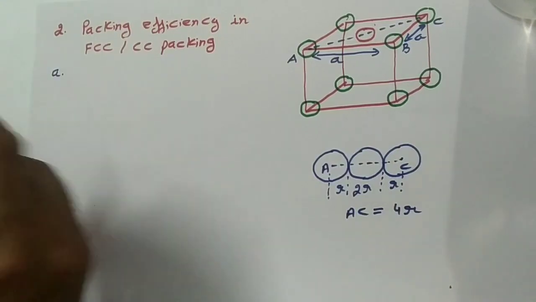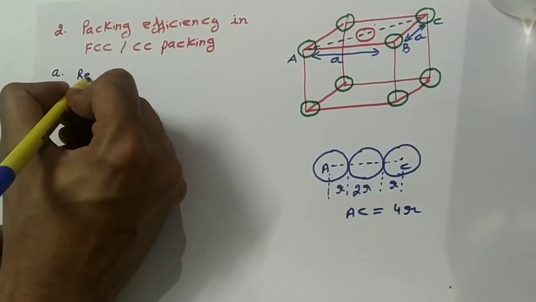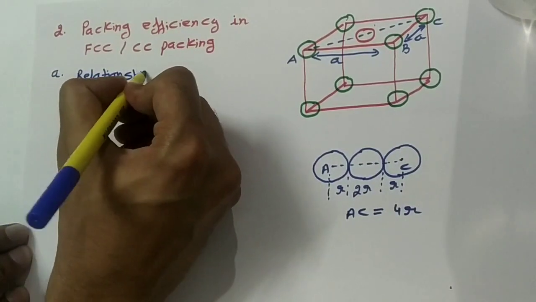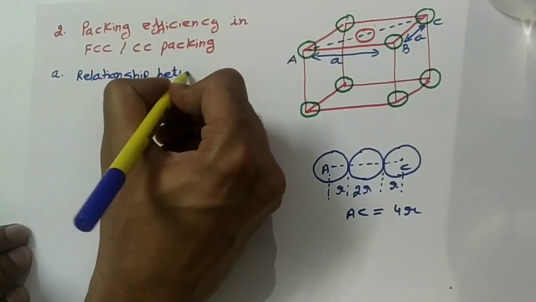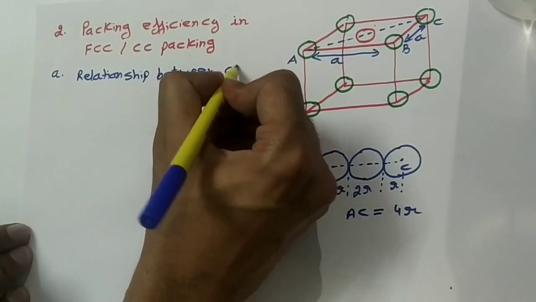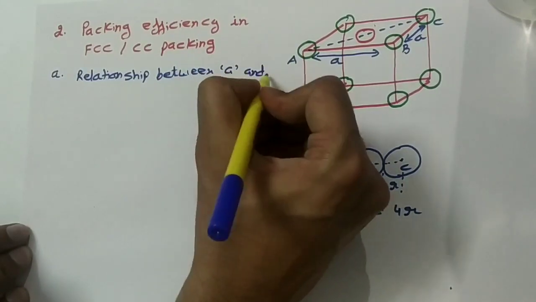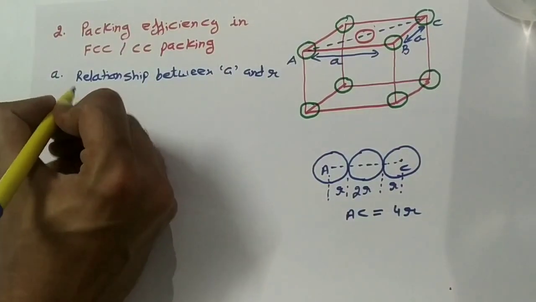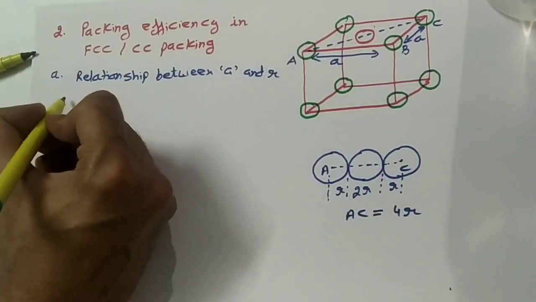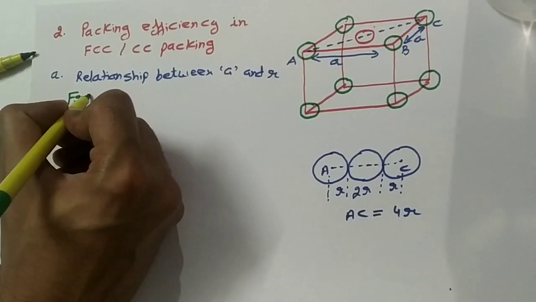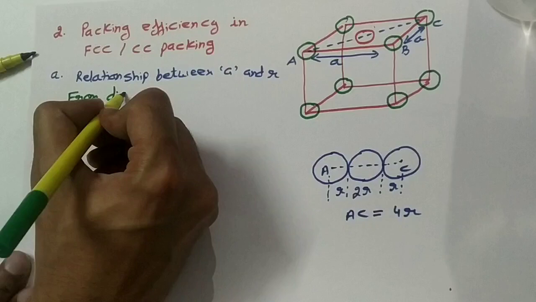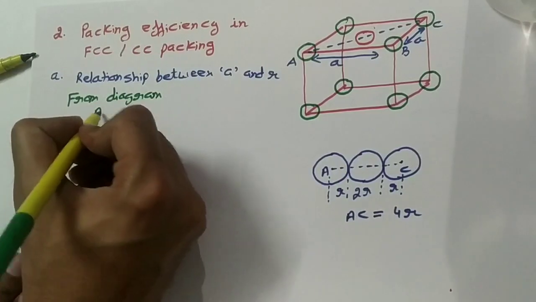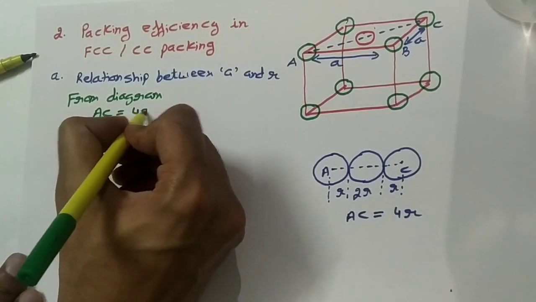First point: we have to find the relationship between edge length of the cube and the radius of constituent particle, a and r. From diagram we can say AC is equal to 4r.